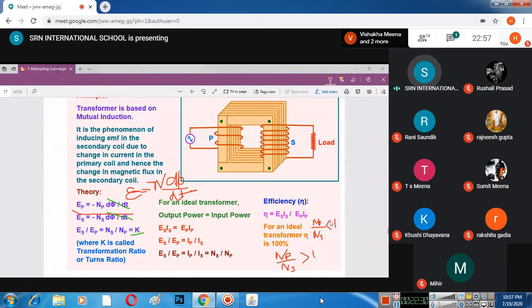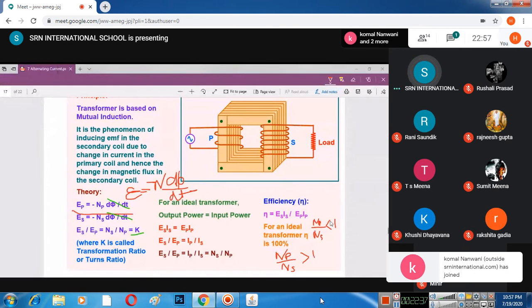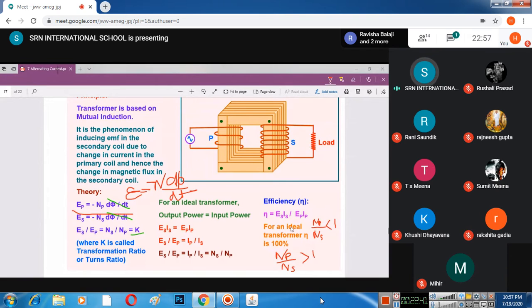Okay, now see, this transformer is an AC device. I hope you can give the answer to this question. Why? Because AC has a frequency of 50 hertz, and DC has a frequency of 0 hertz.